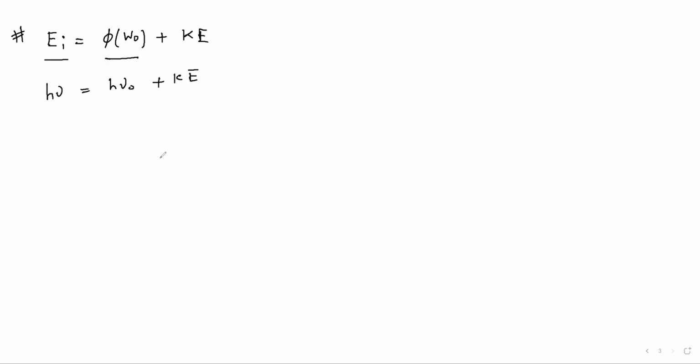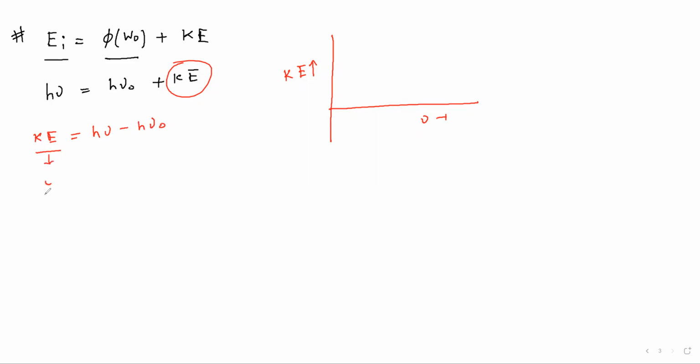Now I am trying to take a graph. Basically, this graph is kinetic energy versus nu. So kinetic energy, can I write h nu minus h nu naught? So this is nothing but y, this is nothing but m, this one is basically the x-axis, and this one is nothing but c.